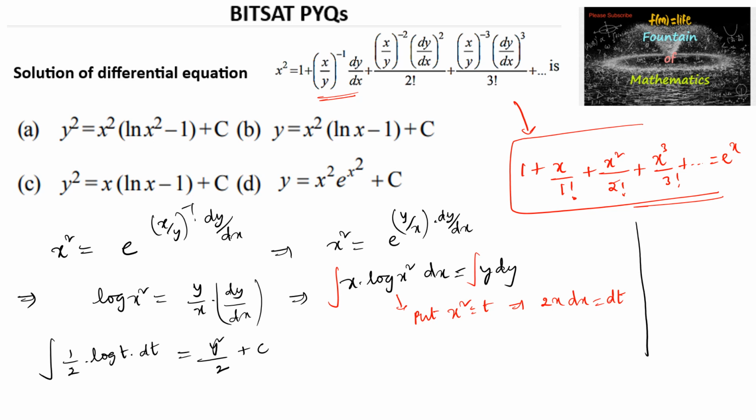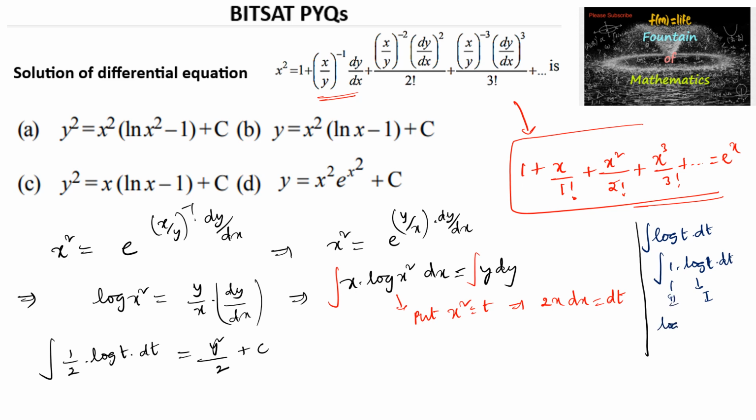Let us simplify. Integration of log t dt, we can write integration of 1 into log t by using integration by parts. So let us consider log t is the first function and the algebraic function 1 is the second function.